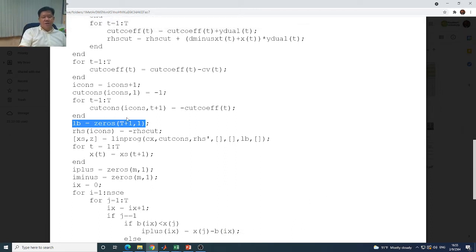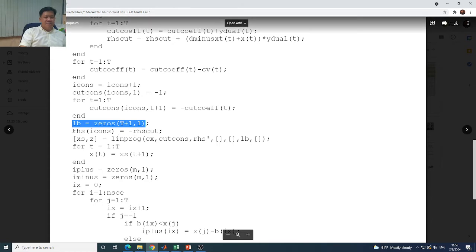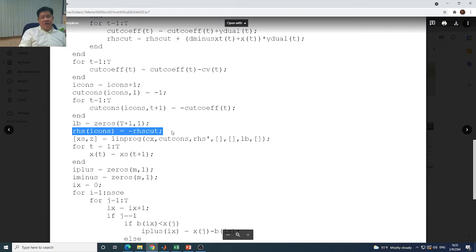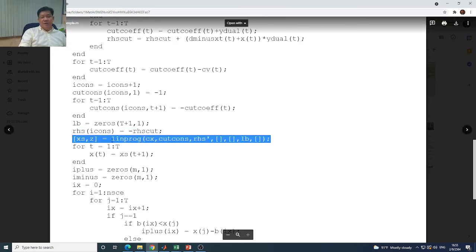But in this case, the objective function will never be less than 0. The right hand side, certainly you need to reverse the sign, because you move from the greater than or equal inequality to less than or equal inequality. After this, you are ready. You just solve the problem using linprog.